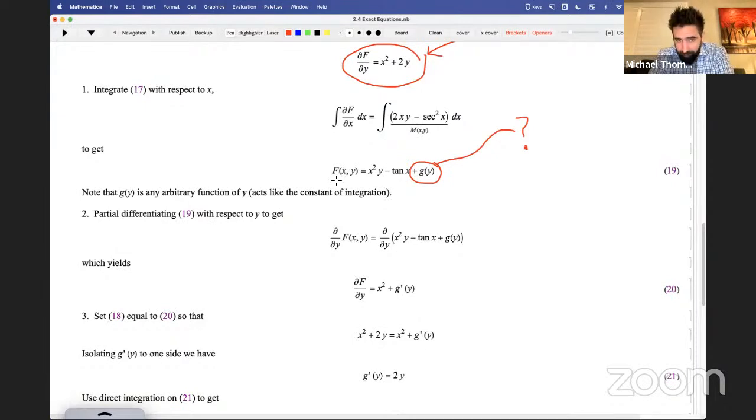So let's take our function that we're after, which we're almost done with, right? All we need to do is find g of y, but let's differentiate with respect to y, both sides. So then you have this equation. And notice when you differentiate the g of y function, you can treat it like an ordinary derivative, g prime of y.